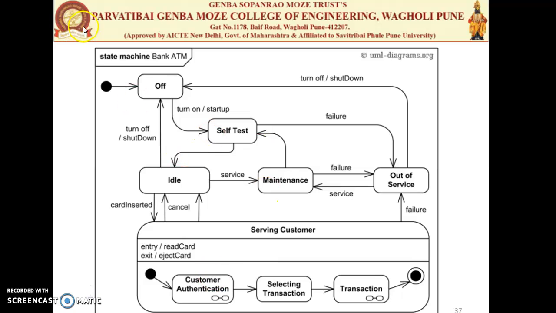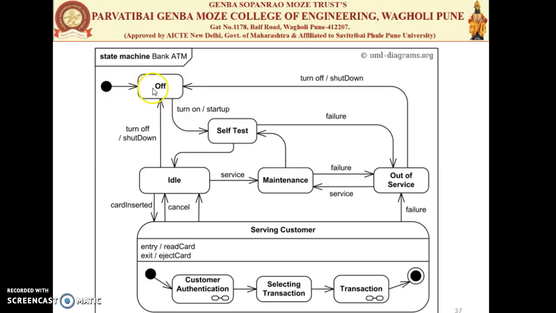Next we can see the example of the state machine with the bank ATM system. Here, as we have seen in the notations also, the solid dot is the first symbol to start the state machine diagram. So initially we start with the solid symbol, proceeding with the arrow, that is nothing but the transition.